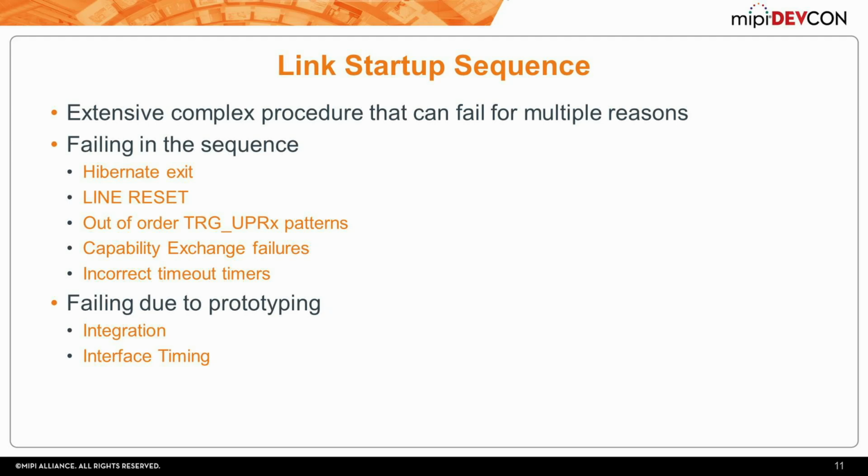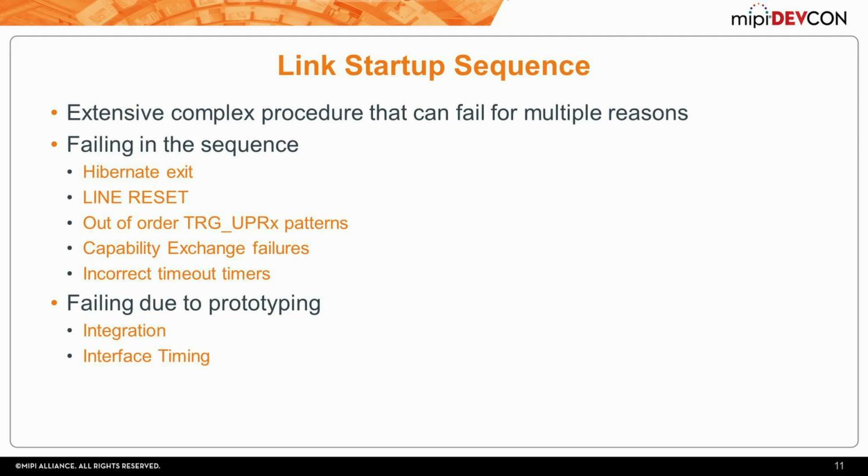So if you have a UFS host and MIPI that are working, that's tested, and you want to test that with your device, you don't need to worry on the host side on the sequence if it's a working and tested host. But if you don't use a prototyping setup that is working and known, if you do it from scratch, you can have the integration or the interface issues.